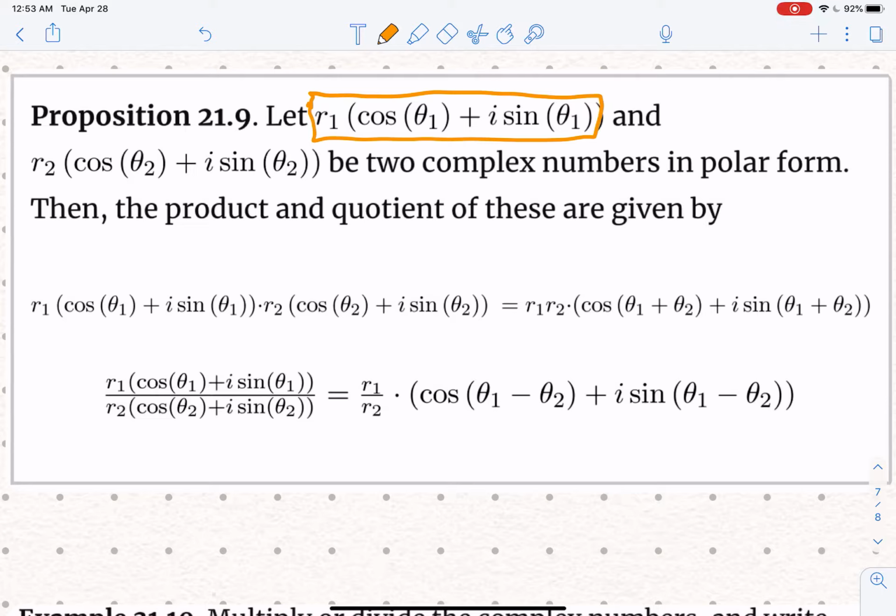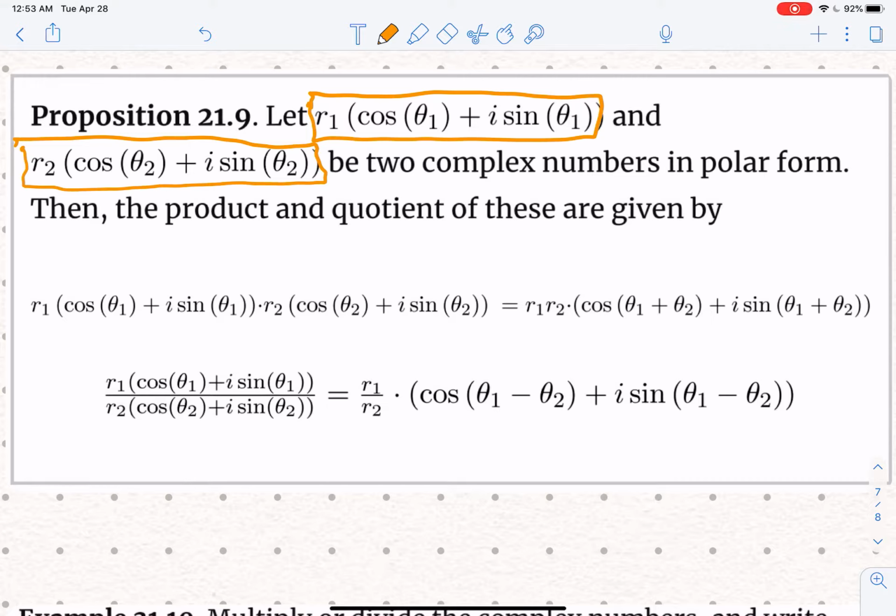That's our first complex number. Our second complex number is going to be similar, but it will have a different modulus, r2, and a different angular argument, theta 2. And the question is, if we multiply these two, what do we get in the end?